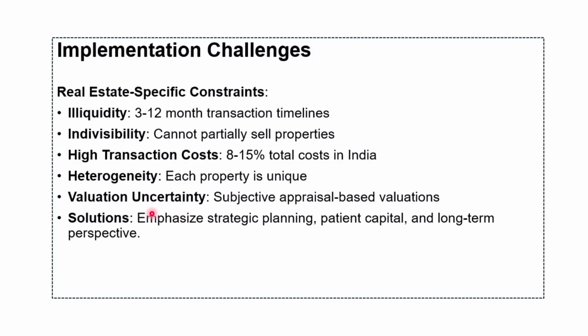So there can be a lot of variation because of the subjectivity of opinion. That valuation uncertainty is also prevailing in this sector. The solution is to emphasize strategic planning, patient capital and a long-term perspective. That is why strategic planning works more here in comparison to tactical moves.